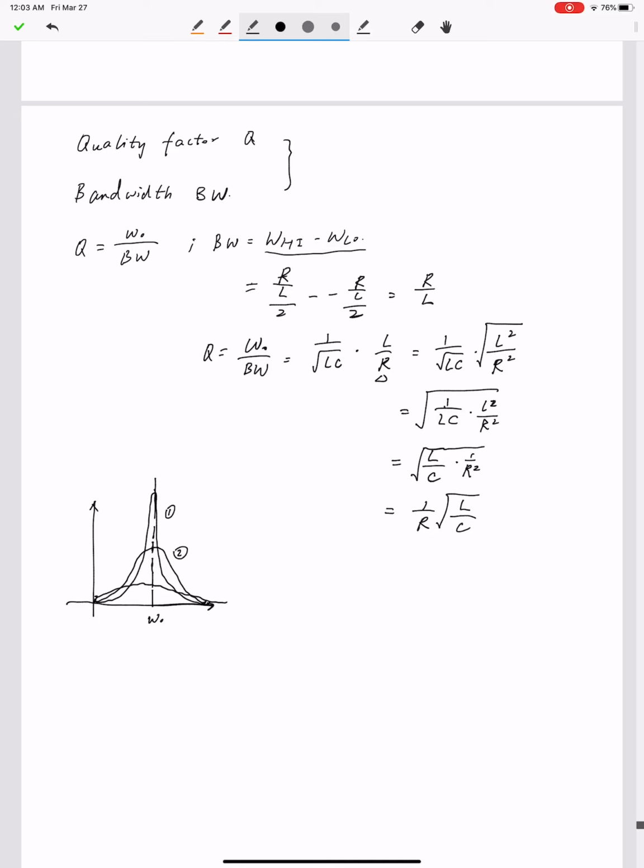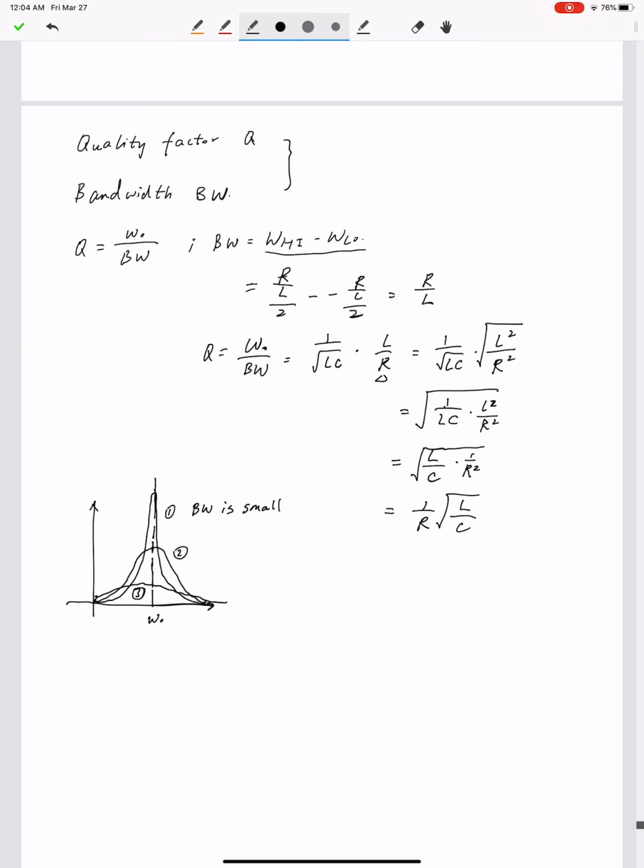1, 2, 3. Okay. The answer should be, we can analyze why we have 3 different shapes. Because they have different bandwidths, right? The first bandpass filter has a narrow and tall shape, which means the bandwidth of this bandpass filter is small.